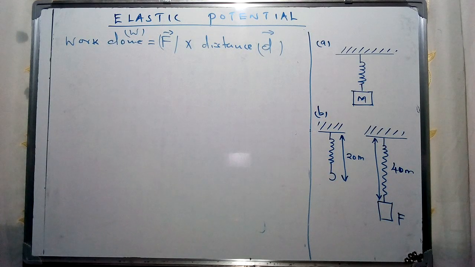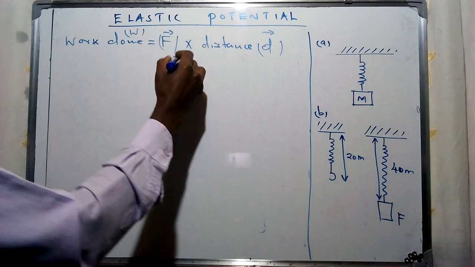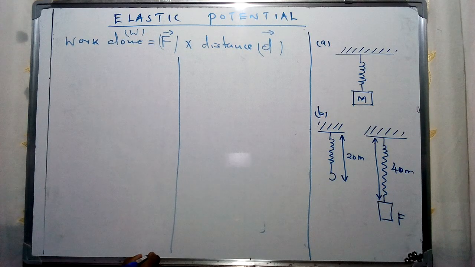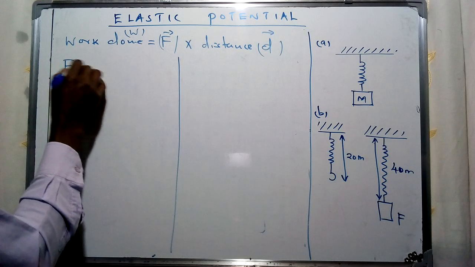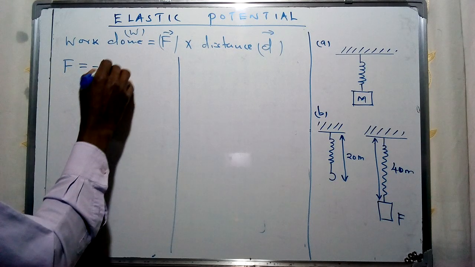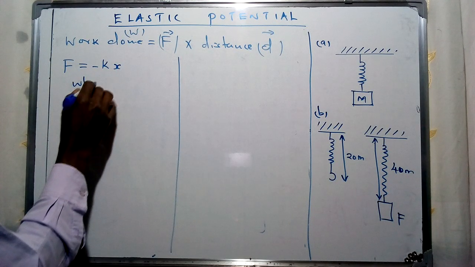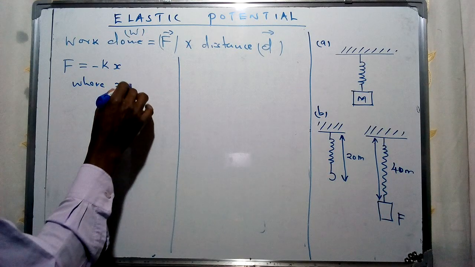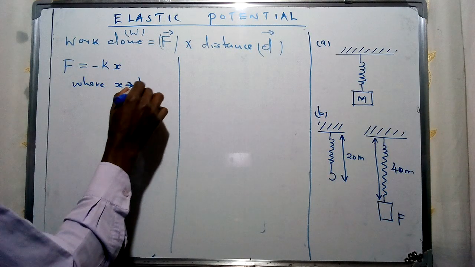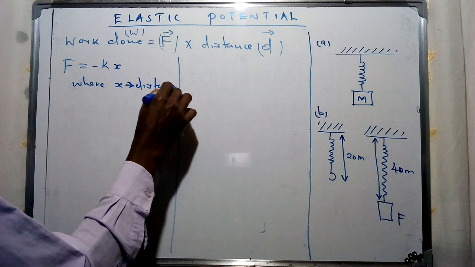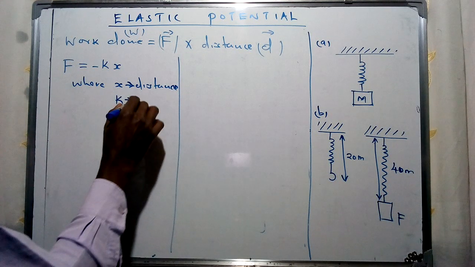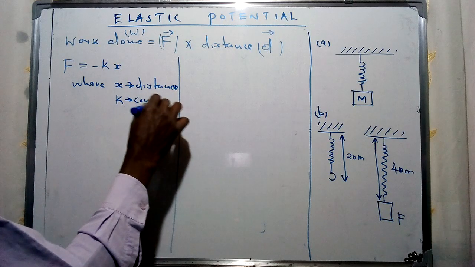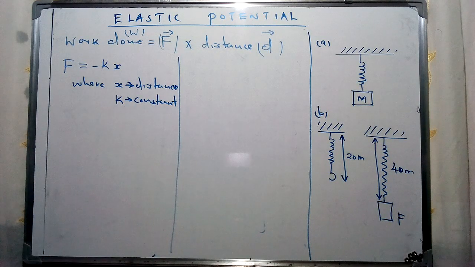So we developed this expression for work, but we had mentioned that the applied force can be given as negative kx, where x is the distance over which the spring is stretched, and k is the spring constant, which we will see mentioned in our subsequent videos.